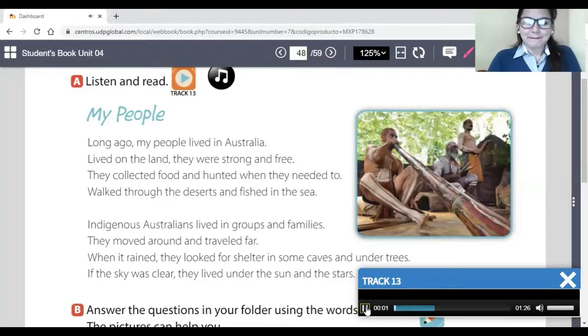Track 13. Listen and sing. My people. Long ago my people lived in Australia, lived on the land, they were strong and free. They collected food and hunted when they needed to, walked through the deserts and fished in the sea.